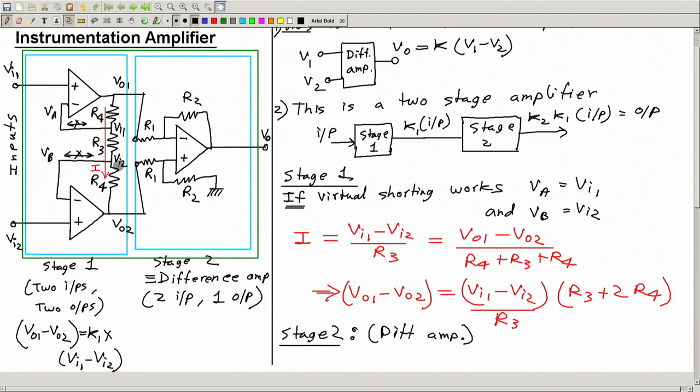Once you know the derivation, you can remember the circuit. Now, let me ask a more involved question, which is, here we have assumed the virtual short works. Does it really work? That is a more interesting question.